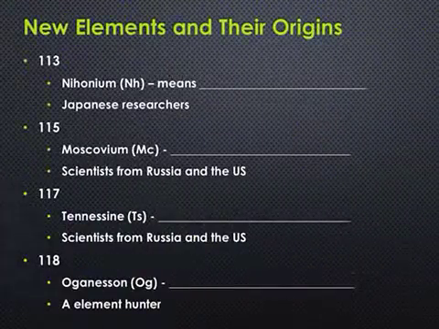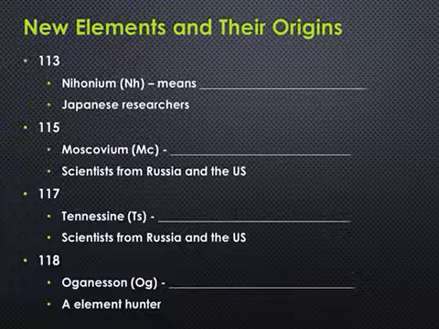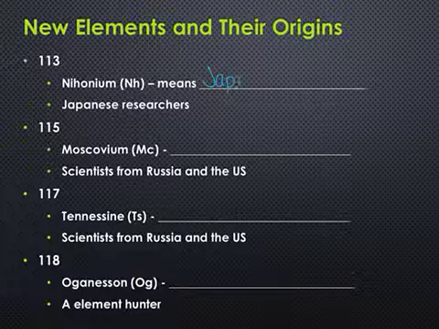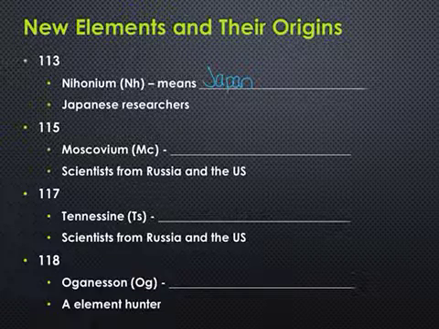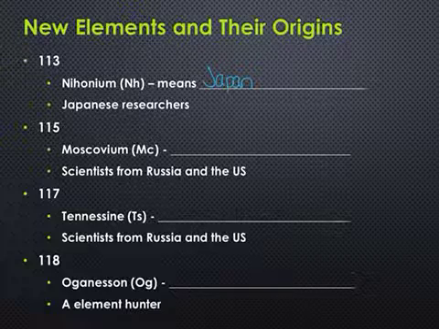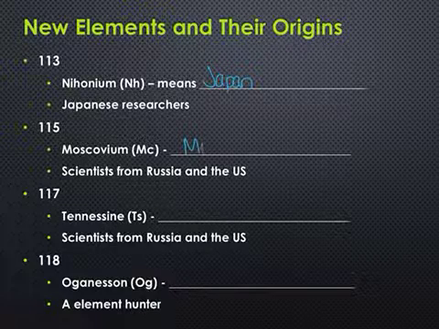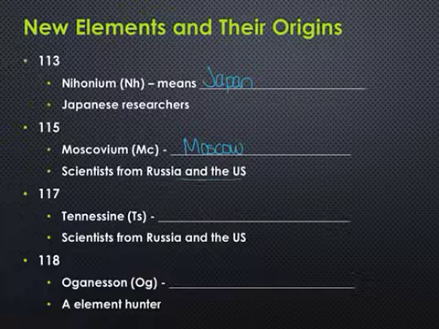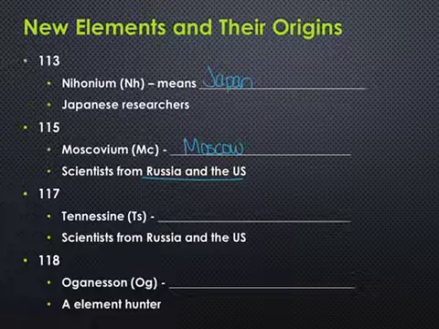So some of those new elements, 113, Nihonium, which means Japan actually, because it was named by Japanese researchers. Element 115, Moscovium, Mc, was named for Moscow. And scientists from Russia and the United States were involved with the discovery of Moscovium.